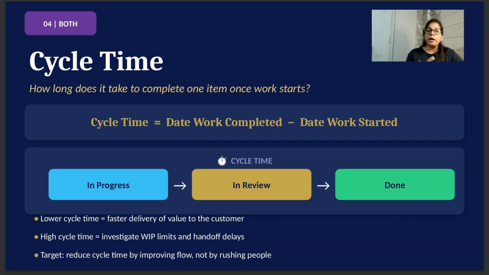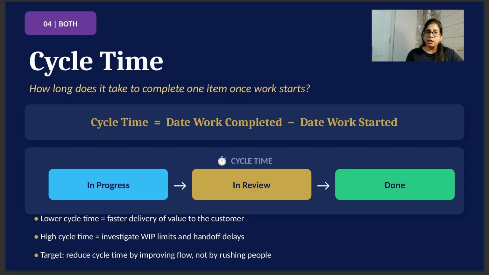What do you understand by these different numbers of cycle time? Lower cycle time means faster delivery of value to the customer. With high cycle time, you need to investigate work in progress limits or handoff delays between the different stages that you are following. It could be that your items are stuck, maybe in testing or in review, so you need to analyze where the item is stuck.